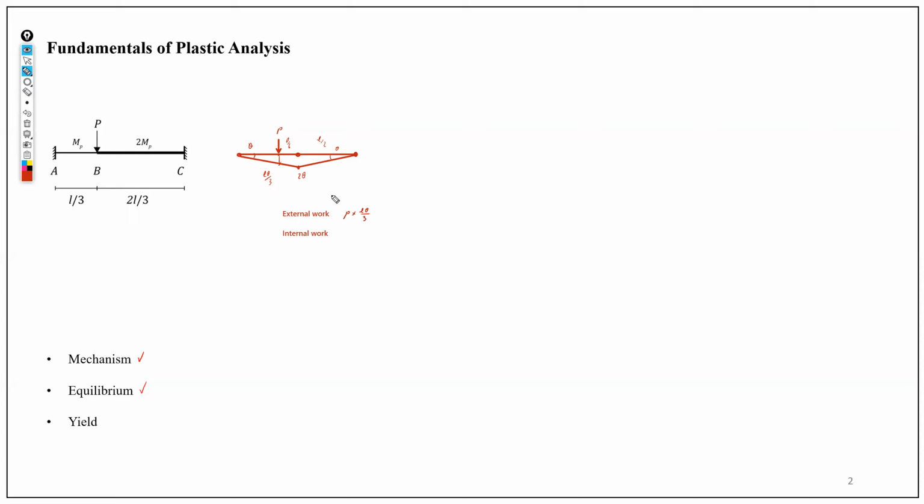And the internal work for this hinge is Mp theta, the dissipated energy in this hinge. In this hinge, because the plastic moment is 2 Mp, the dissipated energy will be 2 Mp theta. And here, the rotation is 2 theta, and the plastic moment is also 2 Mp. Therefore, it's 4 Mp theta.